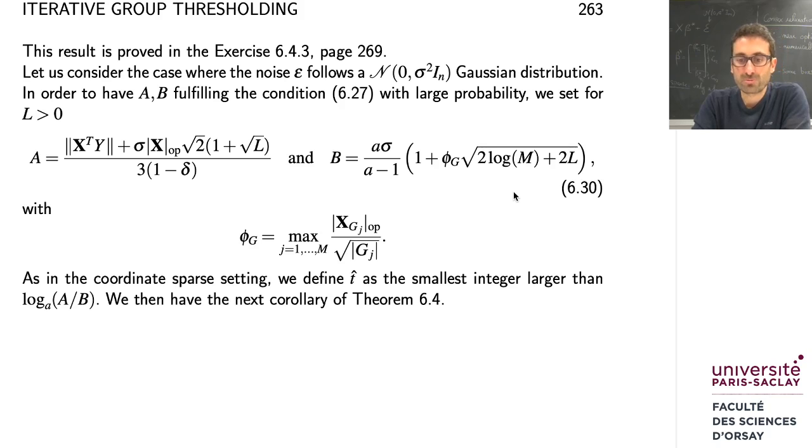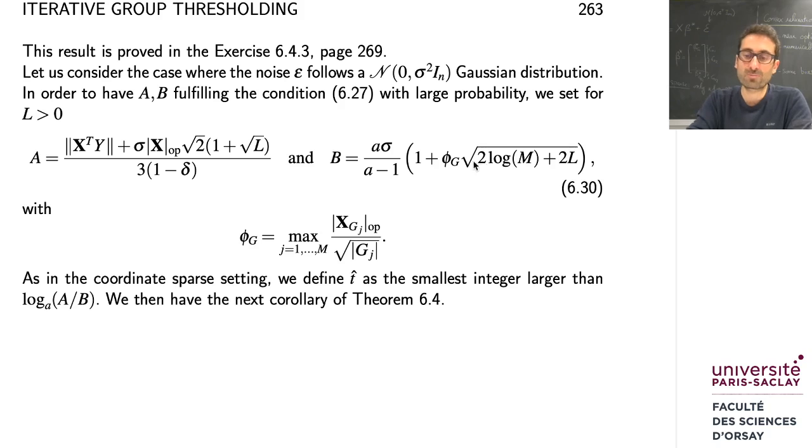If you compare to the B that we had before, which was A sigma over A minus 1 times the square root of 2 log P, essentially square root of log P with some constant, here what changed is that instead of log P, we will have log M. And we have this phi j, which is related to the operator norm of X: the operator norm of X_j over the square root of the cardinality of j, maximum over all the groups.